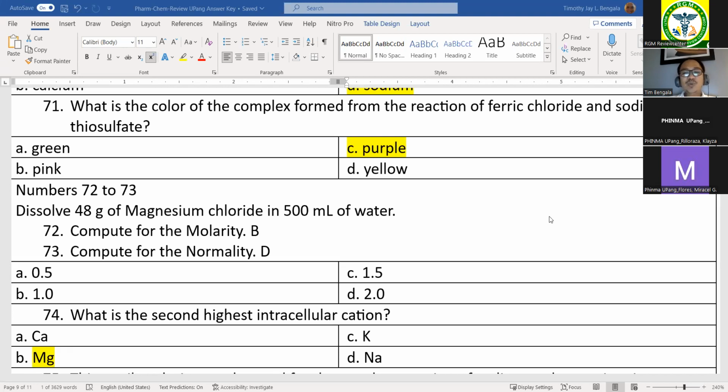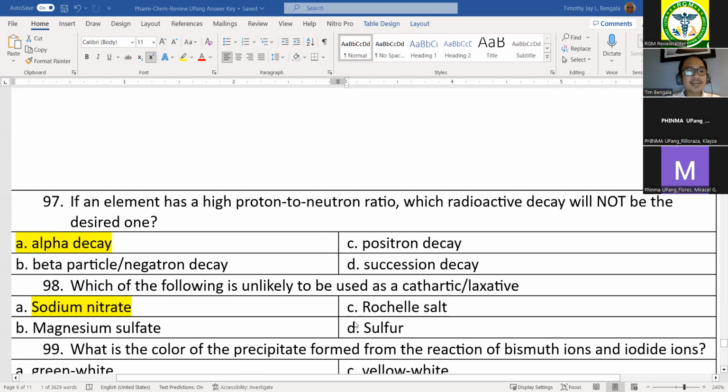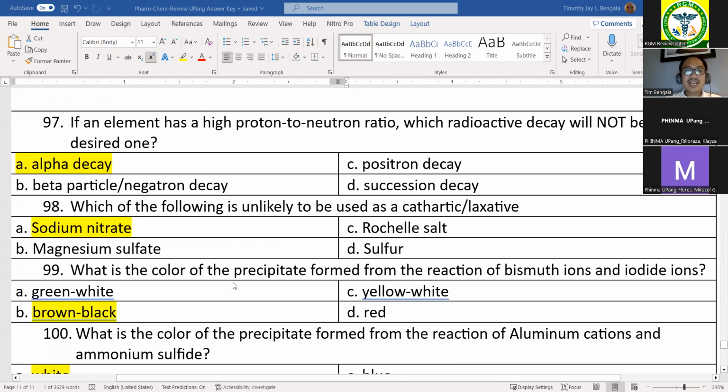Okay? So, if wala na kayong question, ayun na ba yan? Sige, ito pa. So, number 98. Sige, balikan natin number 98. So, ang question sa number 98 kasi is not, no? Unlikely. So, pinaka-unlikely. Kasi yung magnesium sulfate, pwede siya. So ito nga yung Epsom salt, yung magnesium sulfate.